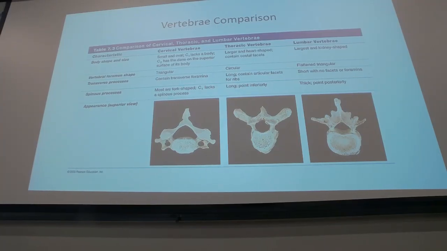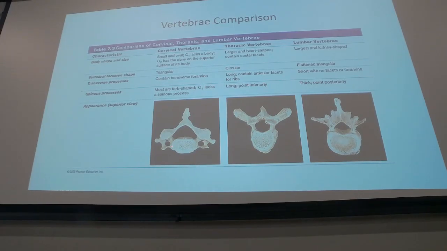Because the vertebrae that we have in our neck carry only the weight of our head, the body is less thick than the ones below. As you move from the cervical vertebrae into the lumbar, this body becomes thicker and stronger.